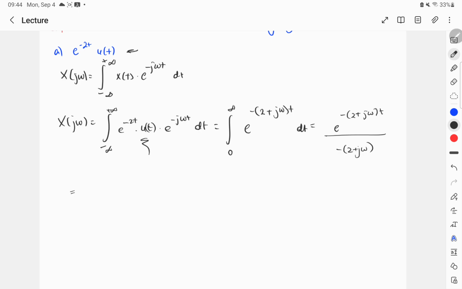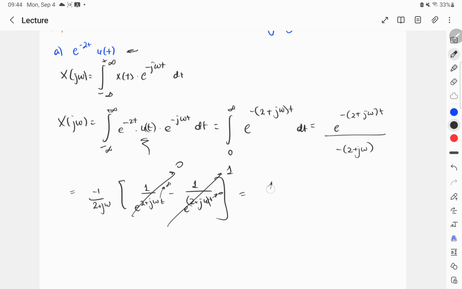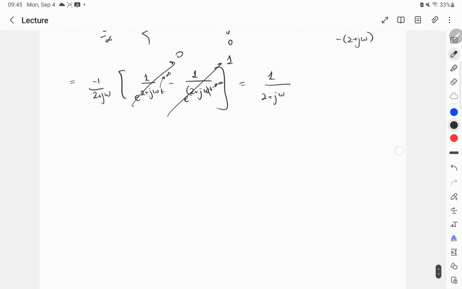And then write this part separately. And then eventually, if we write here infinity, it will give us 0. And if we write here 0, it will give us 1. So our final answer will be 1 over 2 plus jw. That's it. That's easy, right?